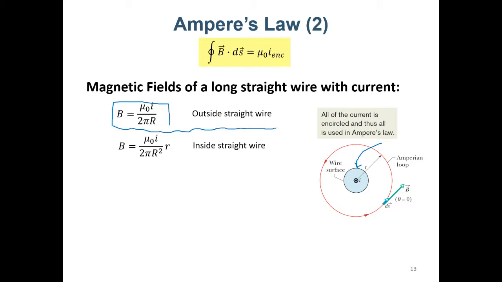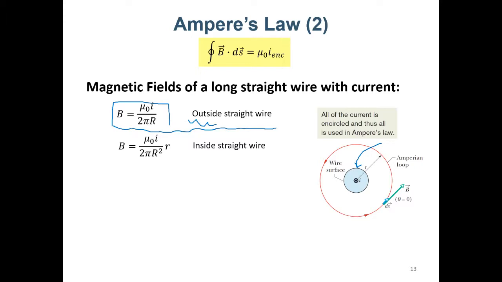Suppose you have a charge distributed at a point, then you can know the electric field is something like 1 over 4 pi epsilon 0 q over r squared, and it is equivalent to the charge being distributed on the surface of a metal ball. And this is similar to that case when it is outside the straight wire. B will be something like mu0 I over 2 pi r.